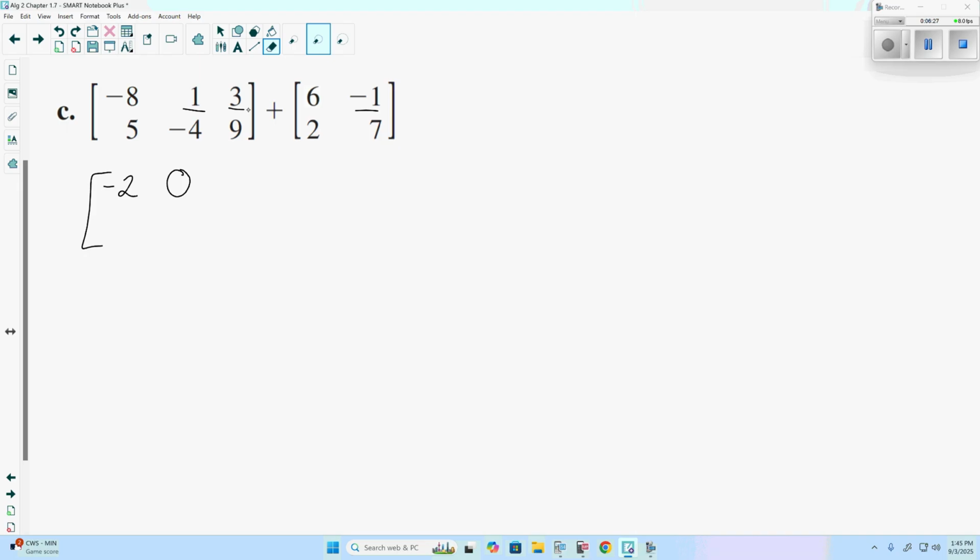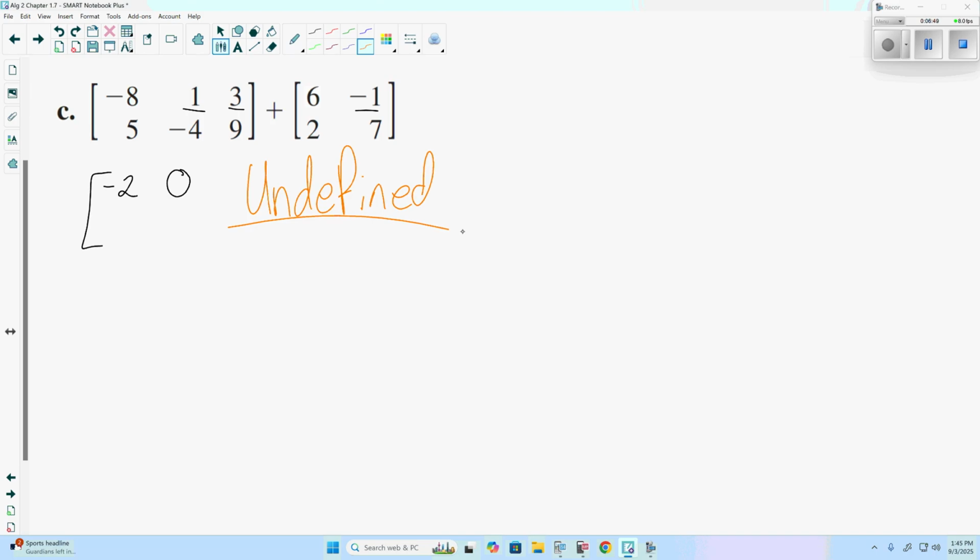We can't, because the dimensions of the first one is a 2 by 3. The second one is a 2 by 2. They have to have the same dimensions. If they don't, this is undefined. We cannot add or subtract if the dimensions aren't the same.